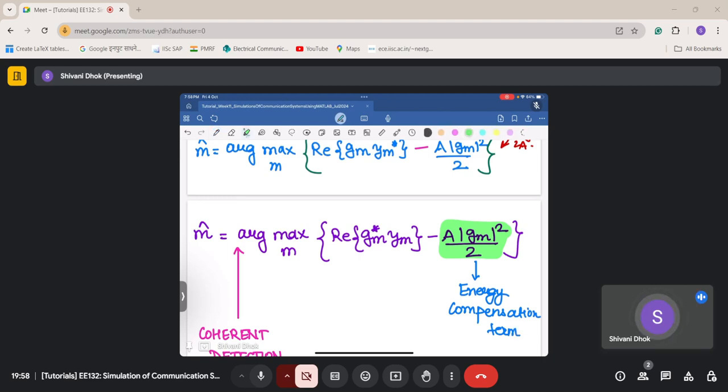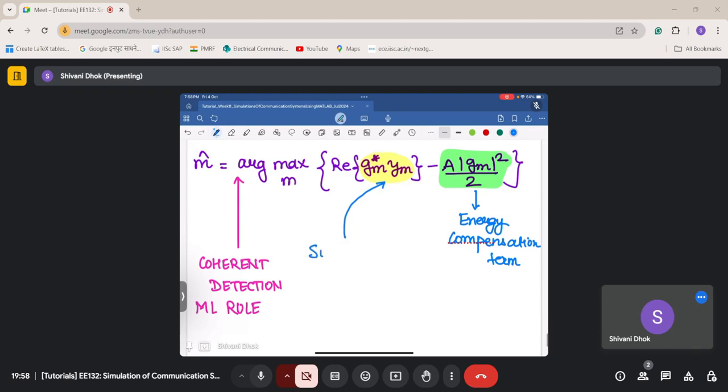And this term here, or to be very precise, this part here, is known as the sufficient statistic or decision statistic. Is it clear? Any questions?